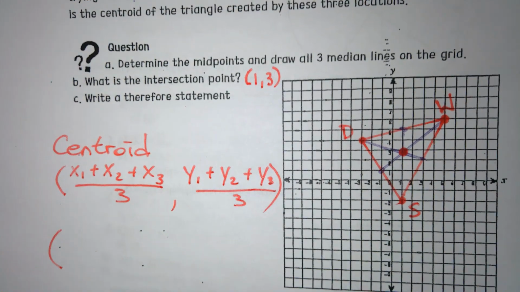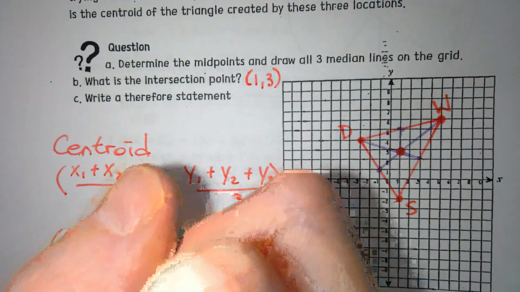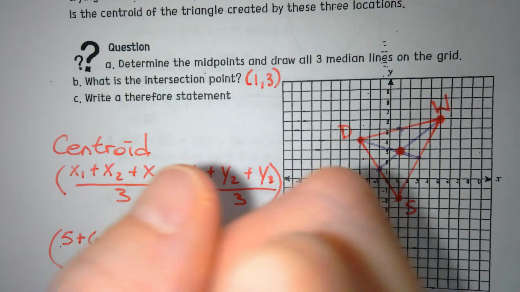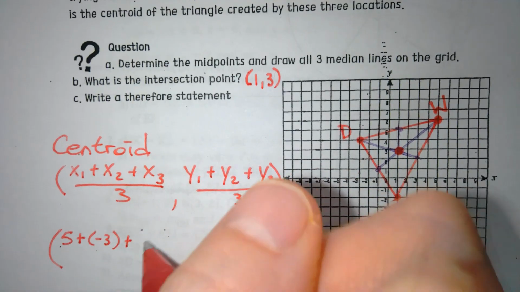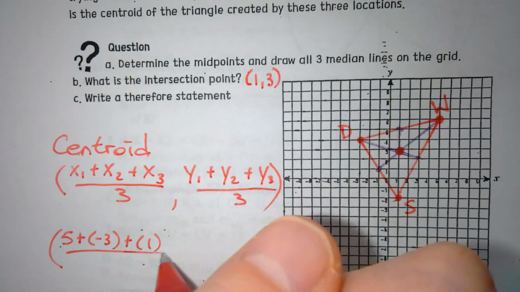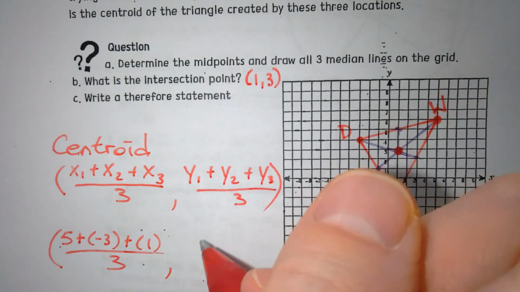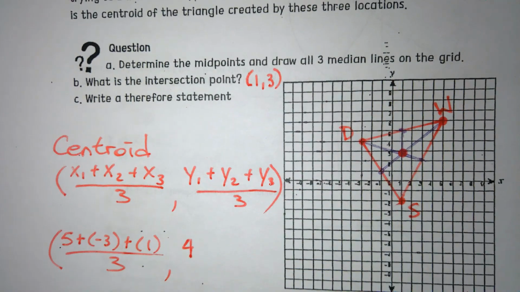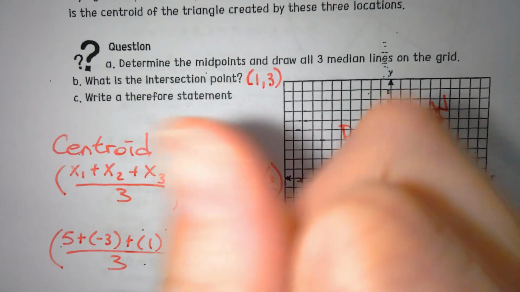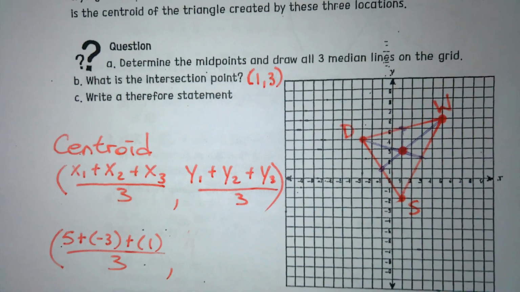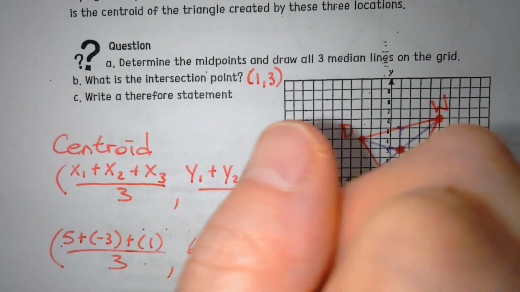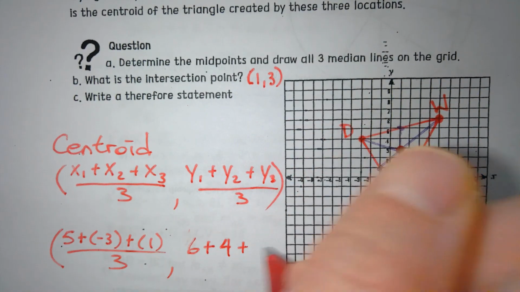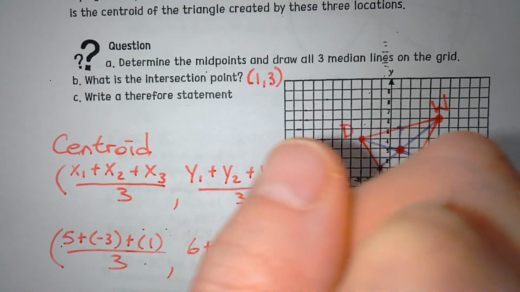Okay. So 5 plus -3 plus 1 divided by 3, and then 6 plus 4 plus negative 2 divided by 3.